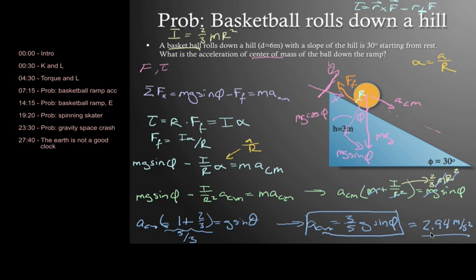So here's where you can stop and do a sanity check, basically, to make sure that nothing went really wrong. If this acceleration of your center of mass ends up bigger than 9.8, then you know you did something wrong. Because if you just dropped this object, if it wasn't falling down a cliff or anything, then it should be accelerating at just g. If it were just sliding down this cliff, then it should go g sine theta.